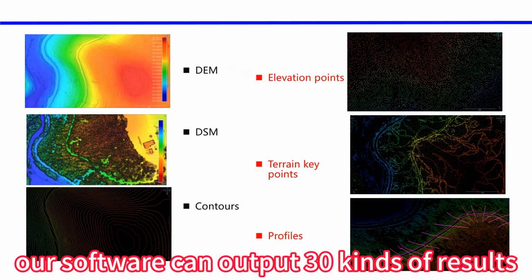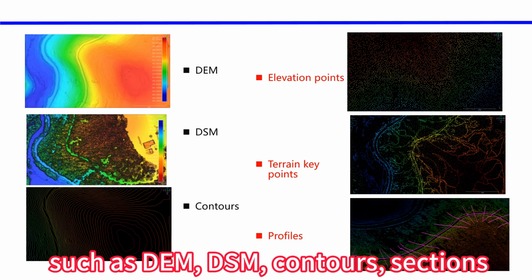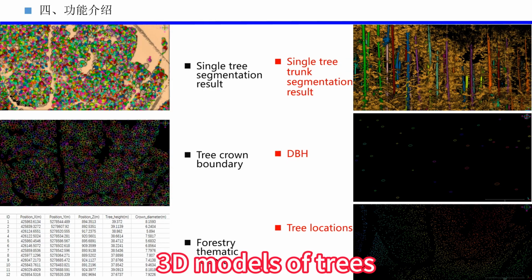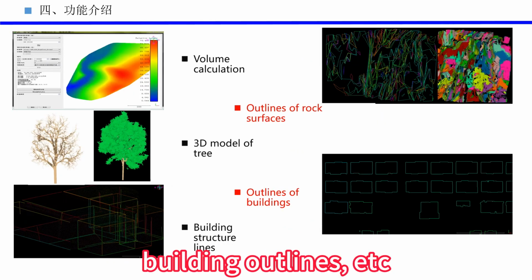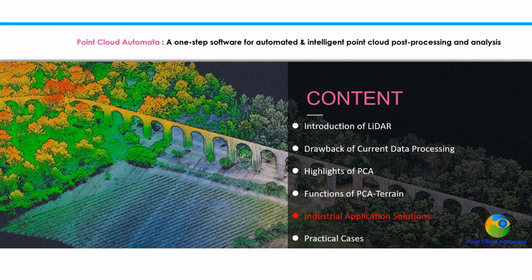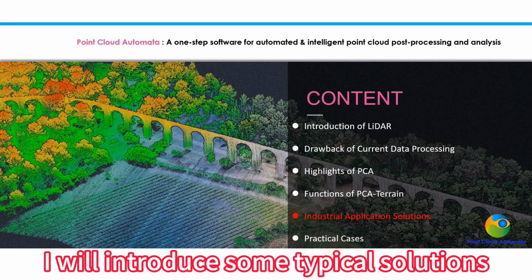Finally, our software can output 30 kinds of results, such as DEM, DSM, contours, sections, 3D models of trees, volume report, building outlines, etc.